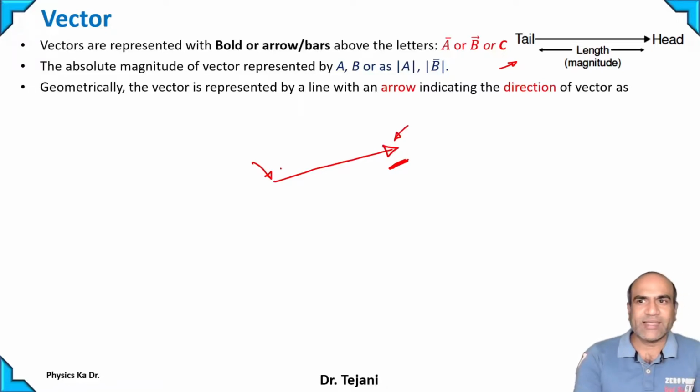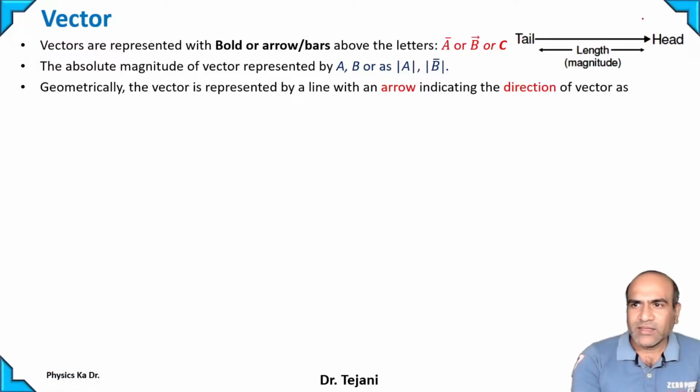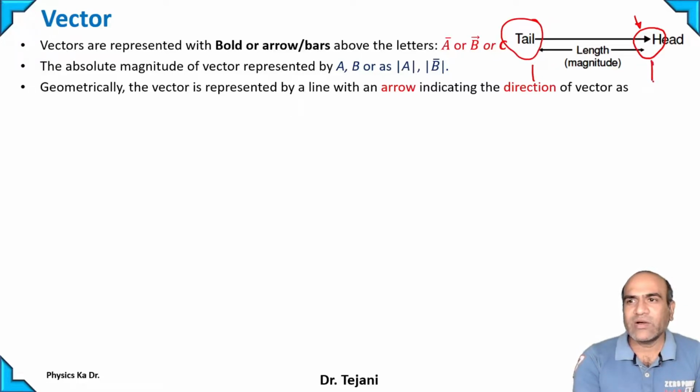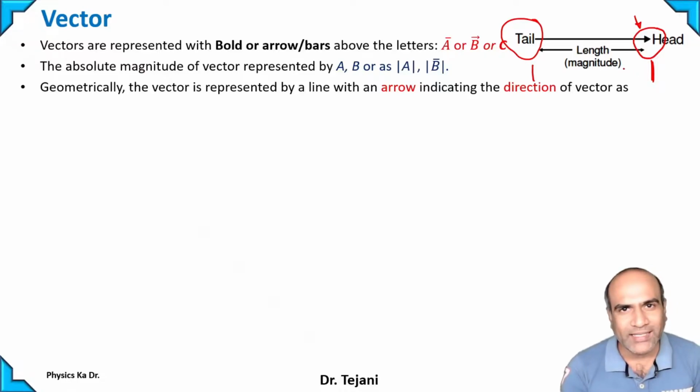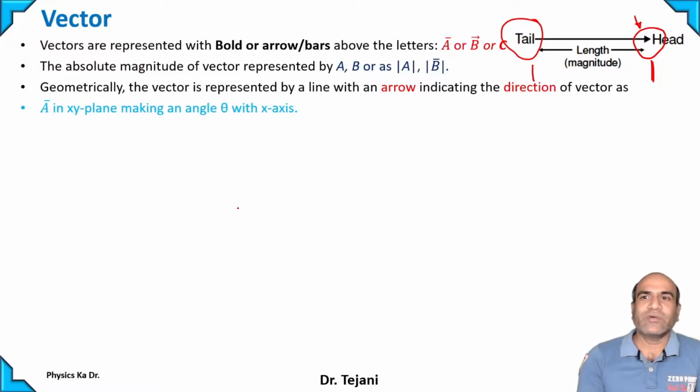This portion is known as the tail, and the length of this arrow shows the magnitude of the vector.